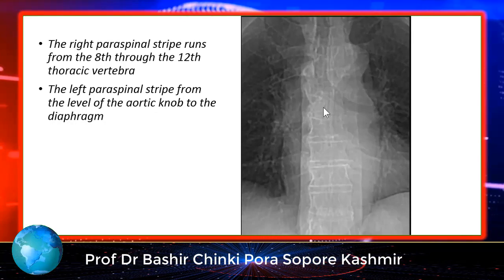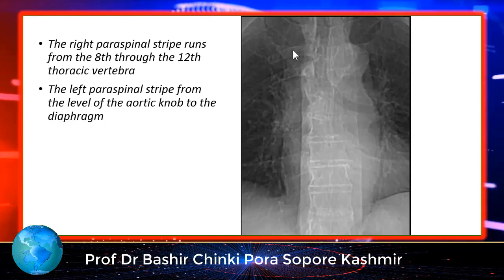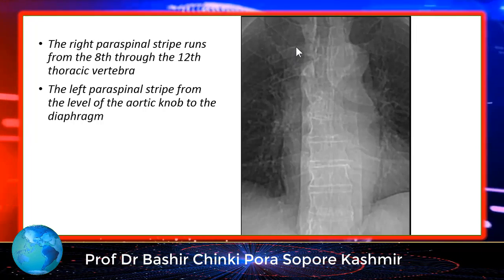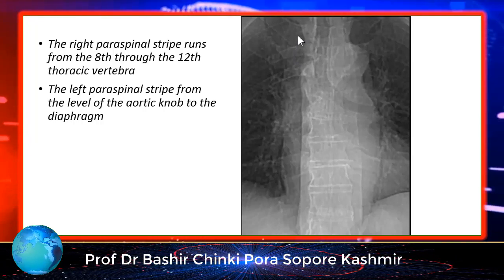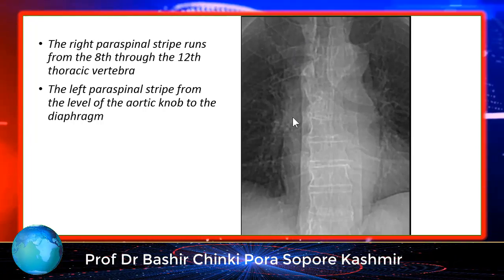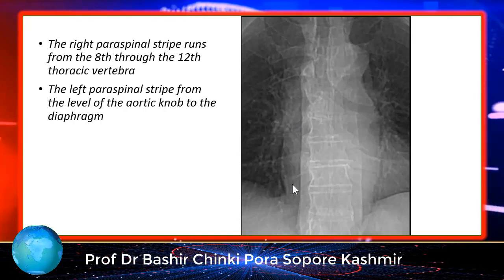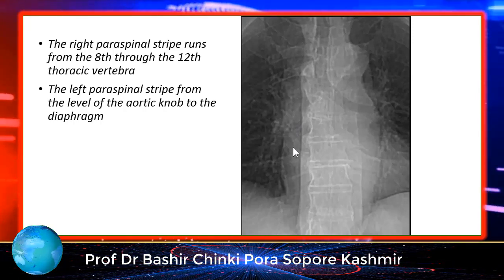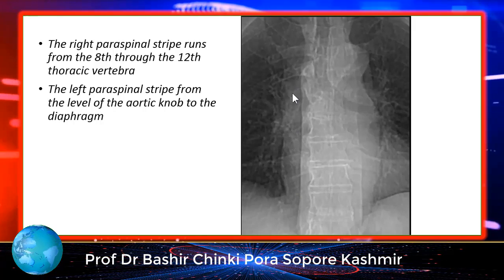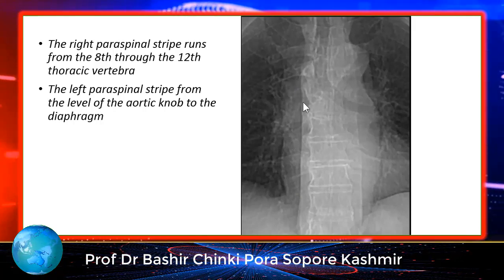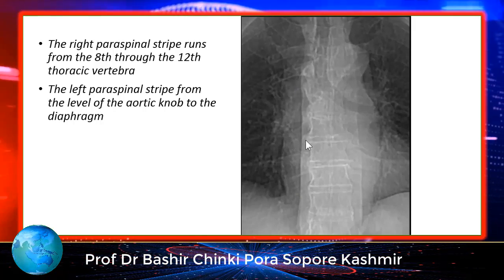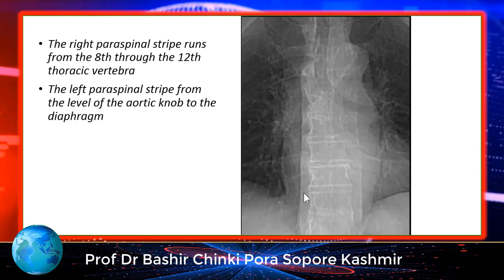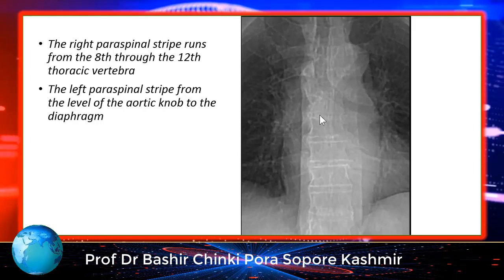The right paraspinal or paravertebral strip runs from the 8th thoracic to the 12th thoracic vertebra. So you can see here on the right side there is a shadow clearly seen alongside the vertebral column.